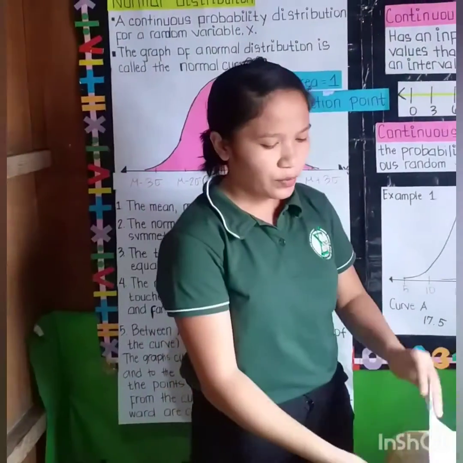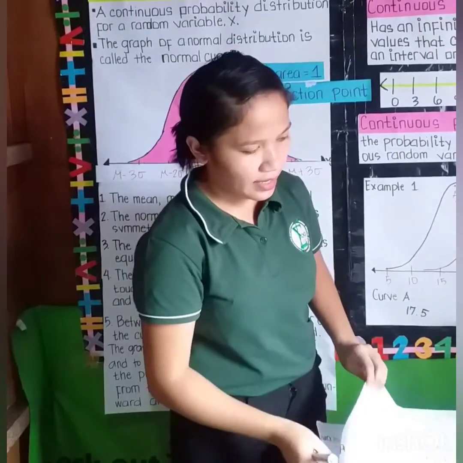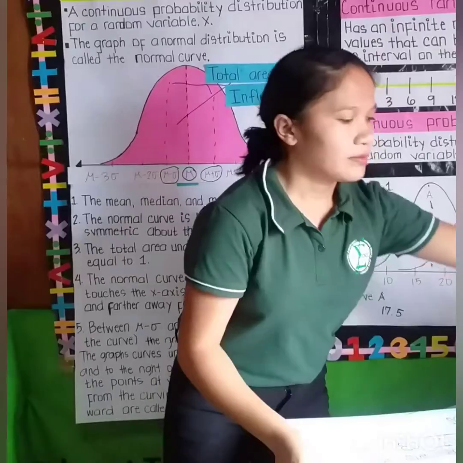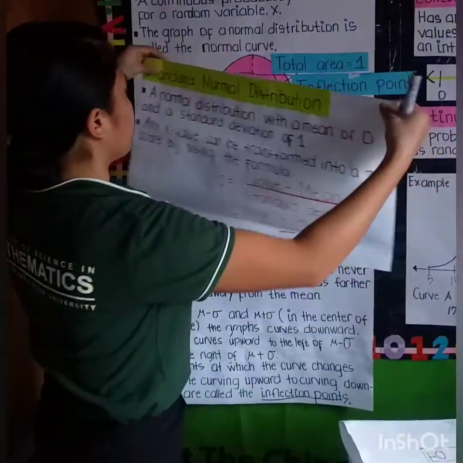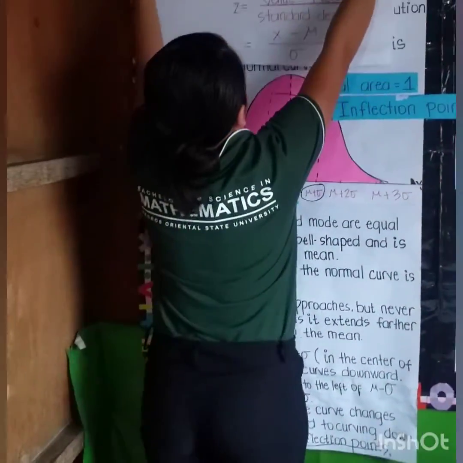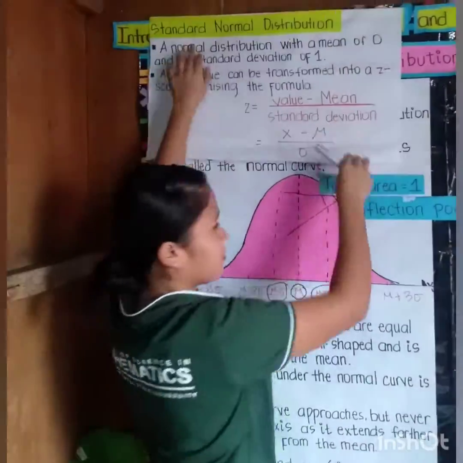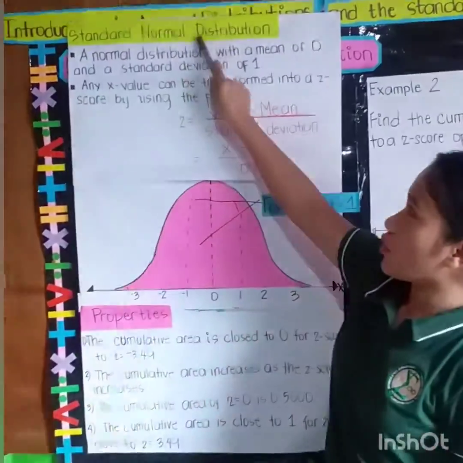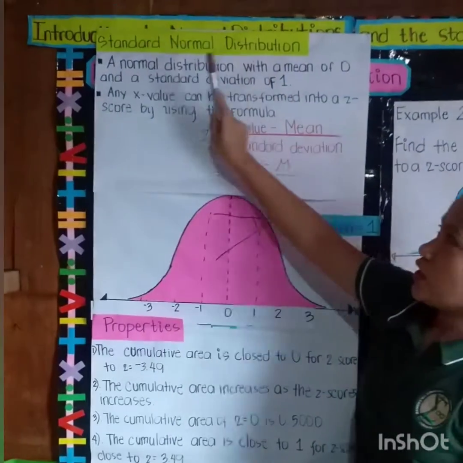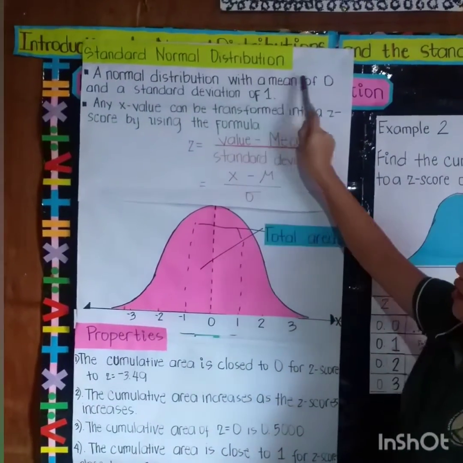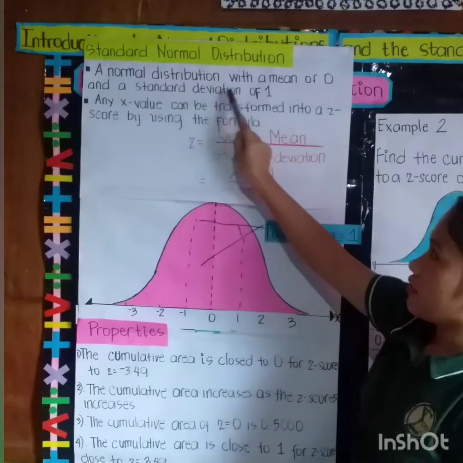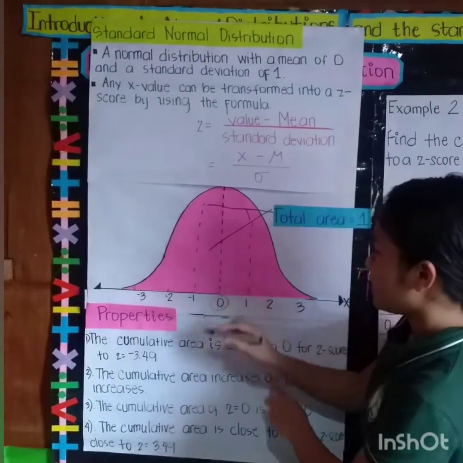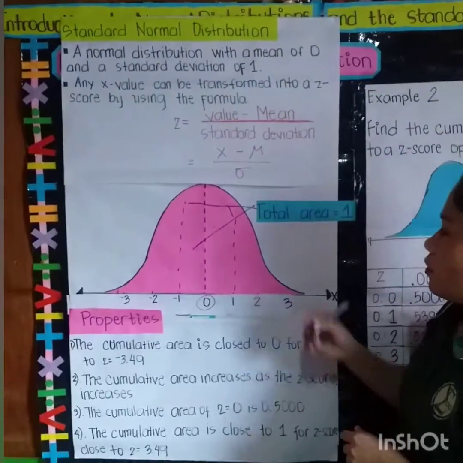Now, we will talk about the standard normal distribution. It is a normal distribution with a mean of 0 and a standard deviation of 1.